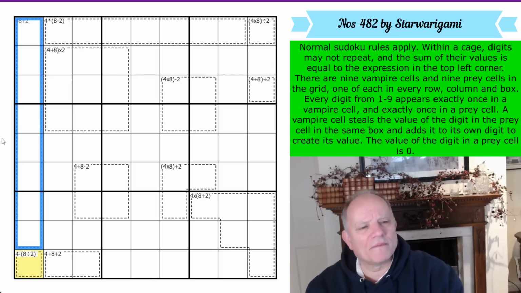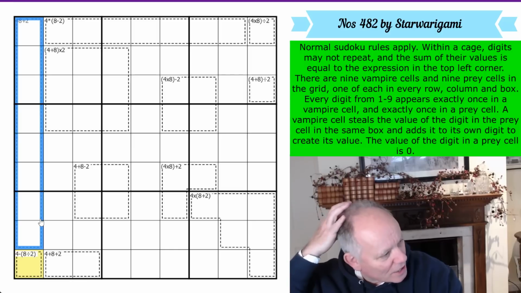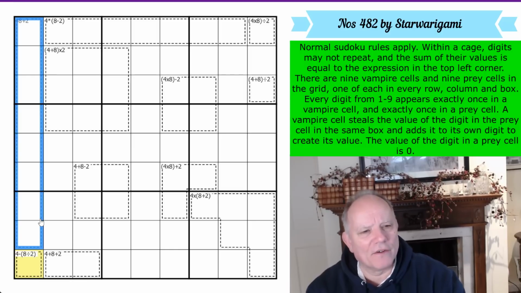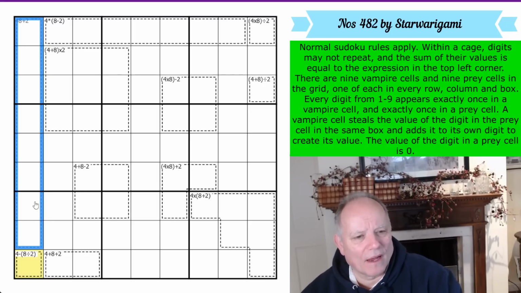Because the maximum value of the digits in an 8-cell cage is 44. But we've got to get up to 50, so we've got to add a value of 6, at least. I don't know what to do with that information.